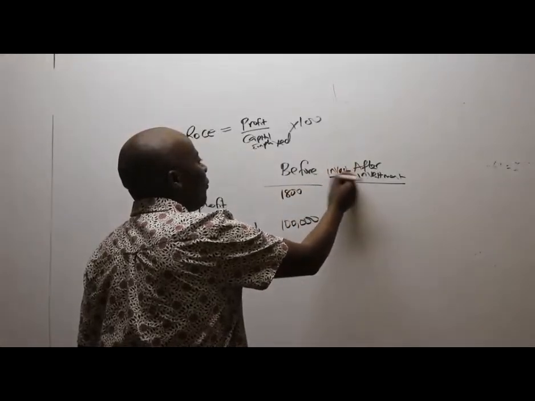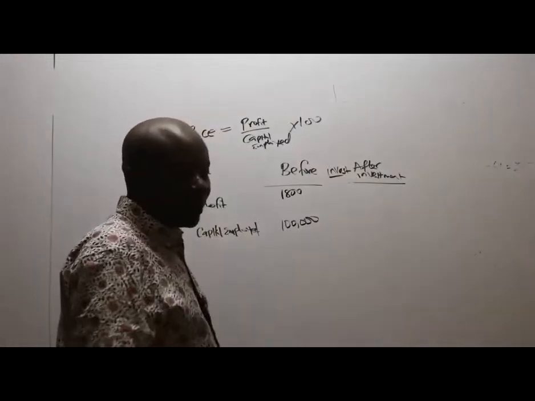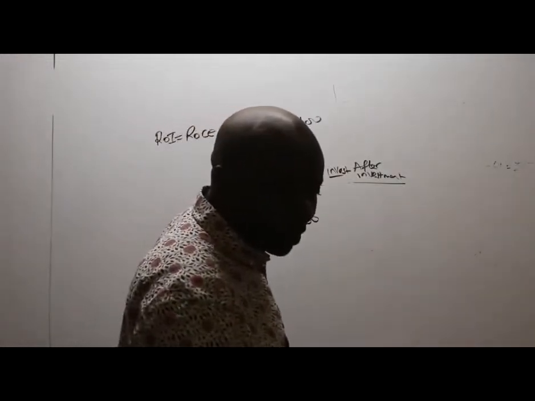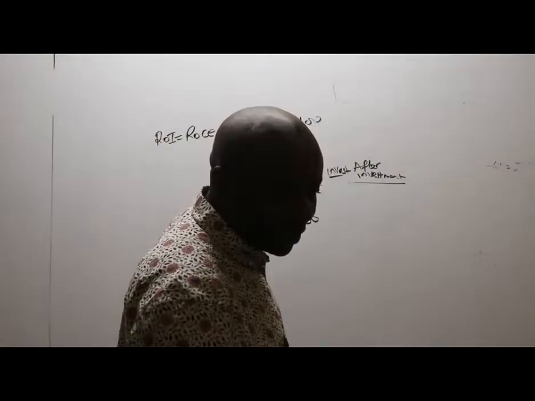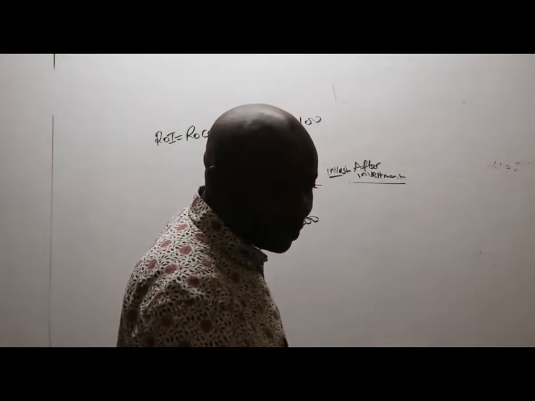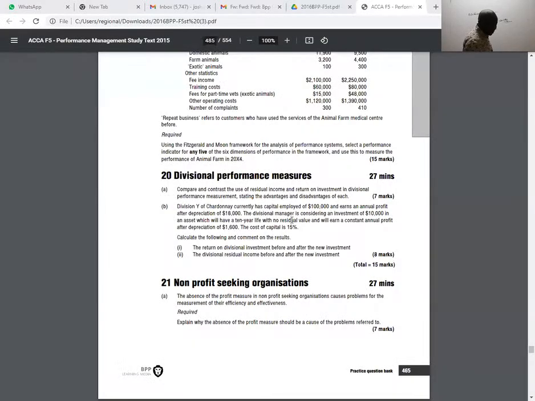What have they told us about the investment? The divisional manager is considering an investment of 10,000 in an asset which will have a 10-year life with no residual value and will earn a constant annual profit of 1,600.